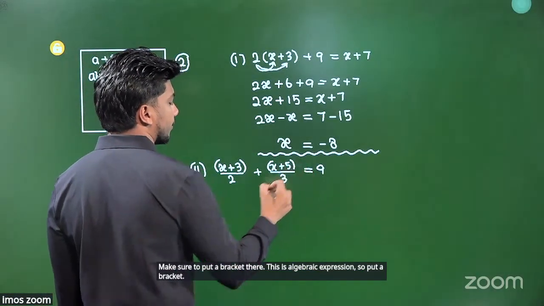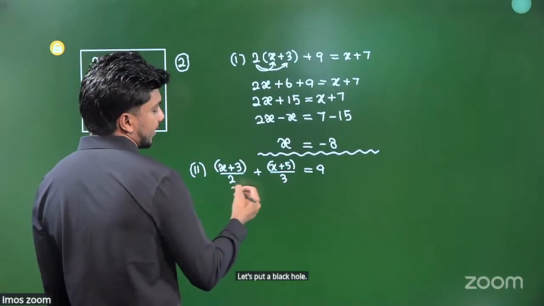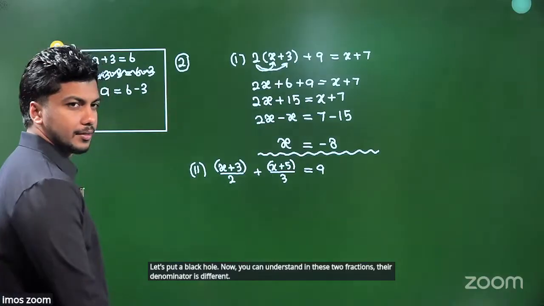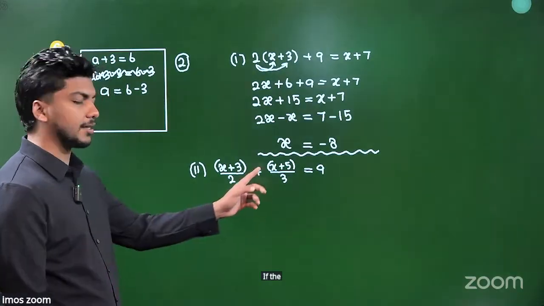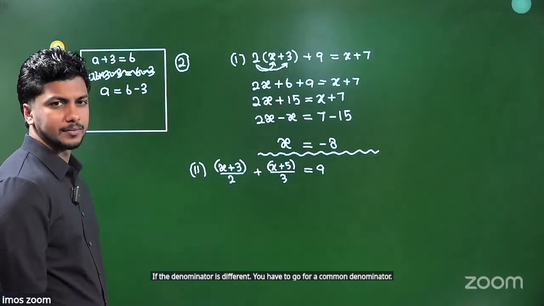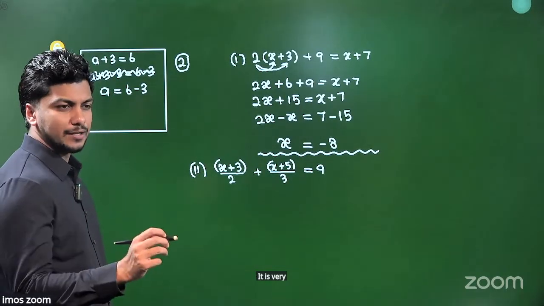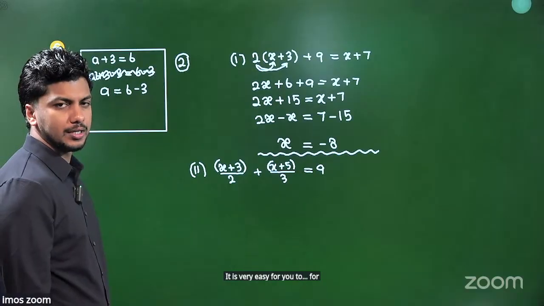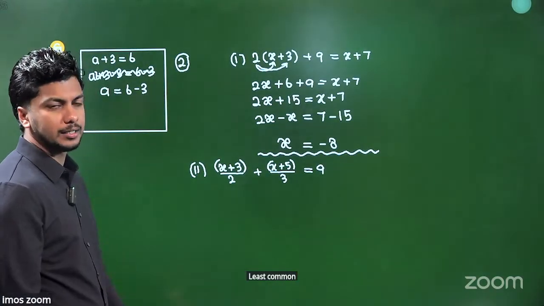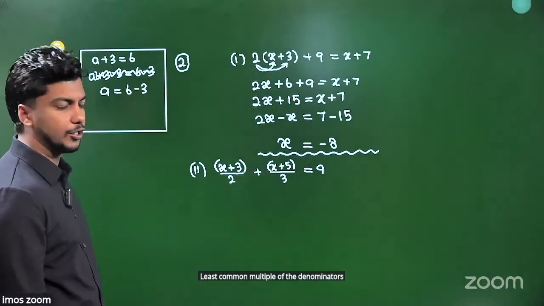Now you can understand in these two fractions, their denominators are different. If the denominators are different, you have to go for a common denominator. It is very easy for the simplification if you go for the LCM, least common multiple, of the denominators as the common denominator.